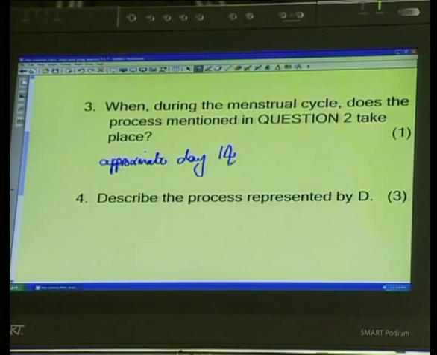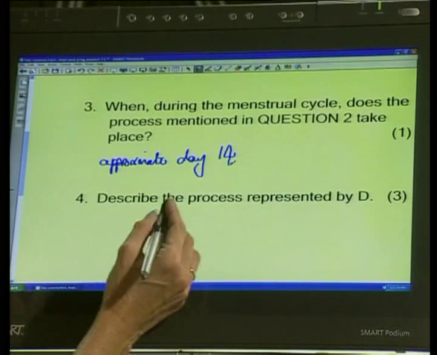Remember, day 1 is the start of menstruation. That's always day 1 of the cycle. So it starts at day 1, and you have menstruation for 5 days, then the lining builds up, ovulation takes place at day 14. That gave it enough time for the estrogen to make sure that that lining is good, that it's a nice, thick, spongy, glandular lining.